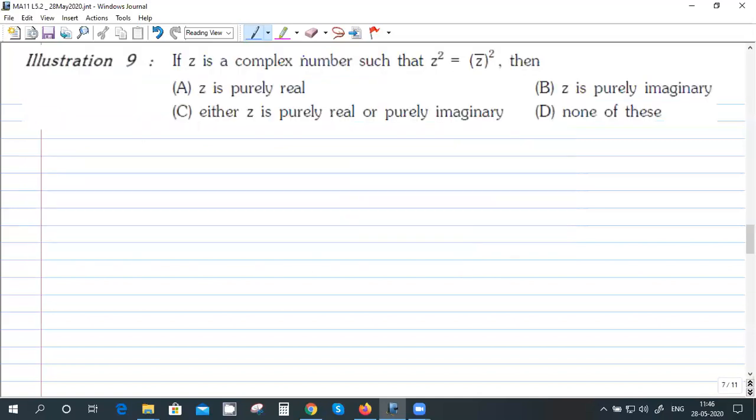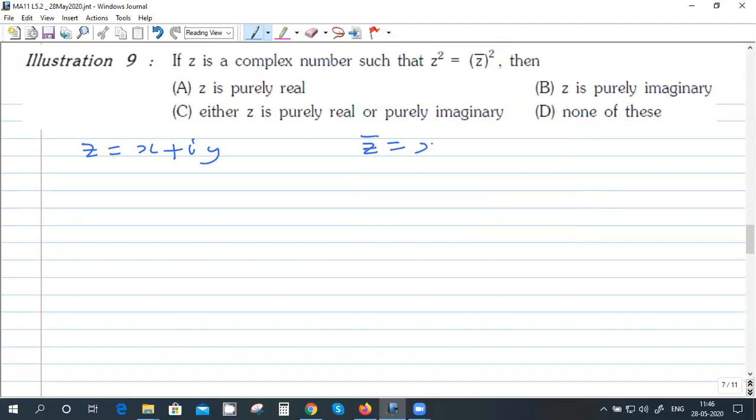Okay. Z is a complex number. Show that z square is the same as z conjugate square. Let's try this one. Your pen and paper, no? Take z as x plus iy. Then what is z bar? Z bar is z conjugate, right?